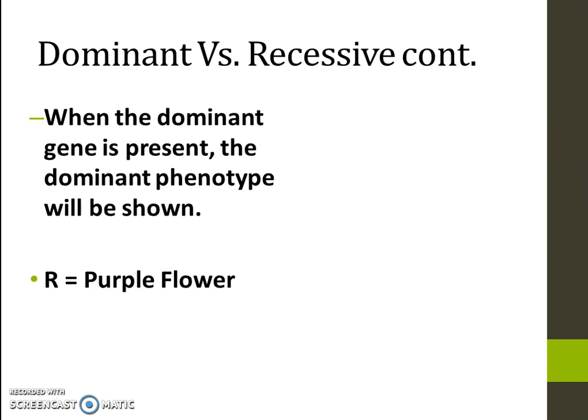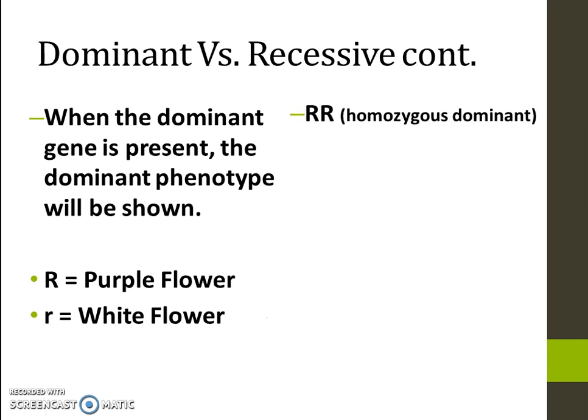So, let's say, for example, capital R represents a purple flower, and lowercase r represents a white flower. So, flower color is the gene we're talking about. Purple and white are the two different alleles for that gene. So, if an individual has two alleles that are both dominant, we call that individual homozygous. Homo, again, means same, so they're the same letter. So homozygous dominant because both are the dominant allele.